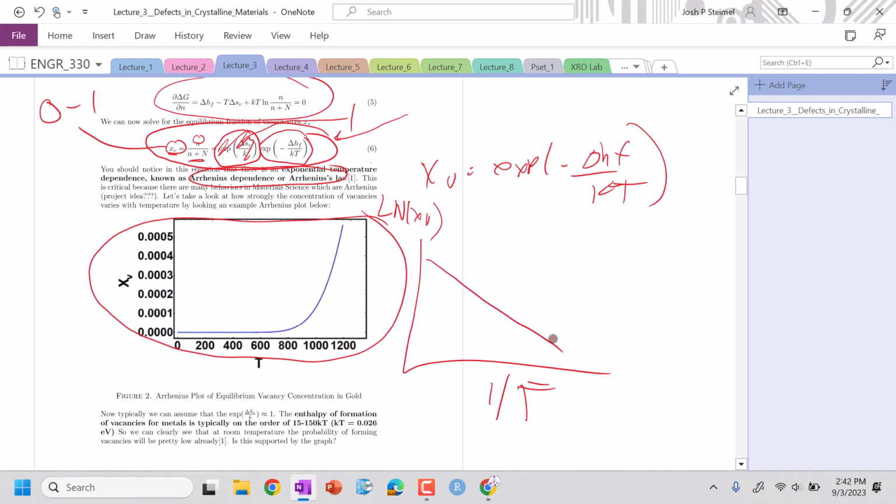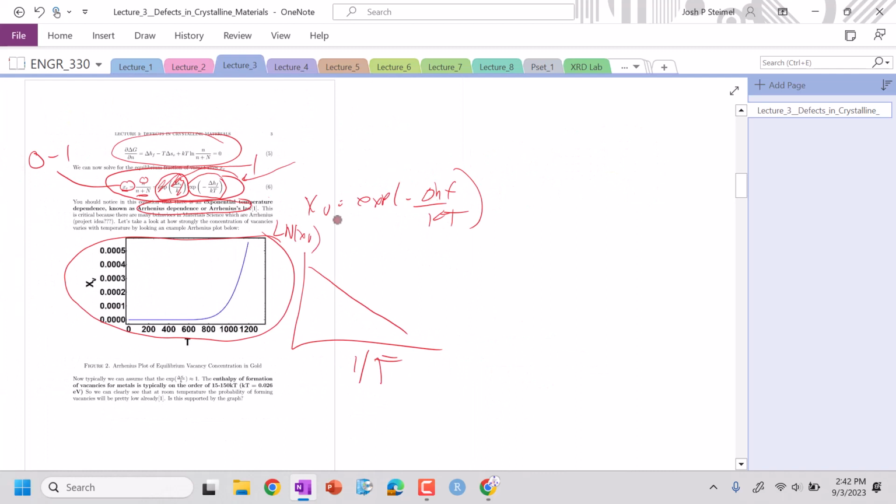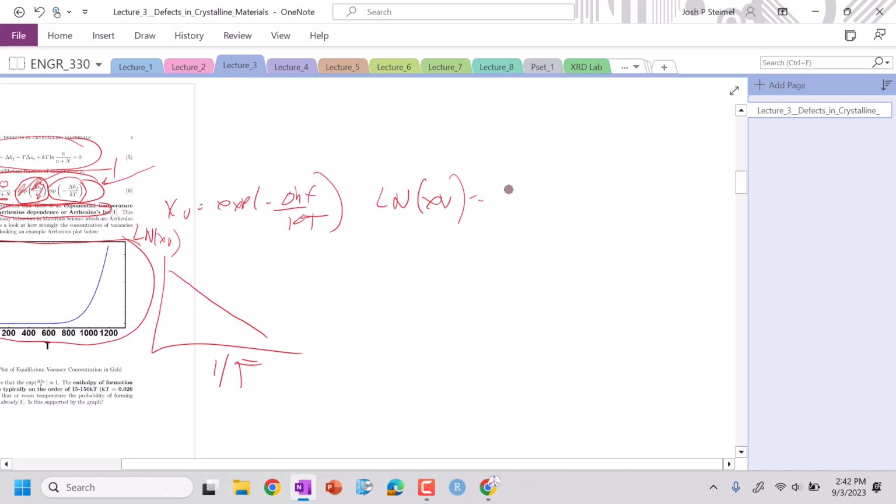Because if I take the natural log of x of v, the exponential goes away, and I get minus delta Hf divided by k times 1 over T. And this looks like the same form, y equals m times x, if we're plotting this as y and this as x.